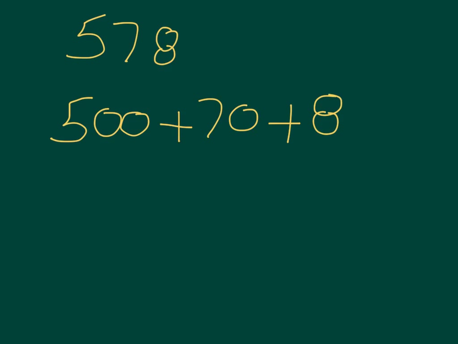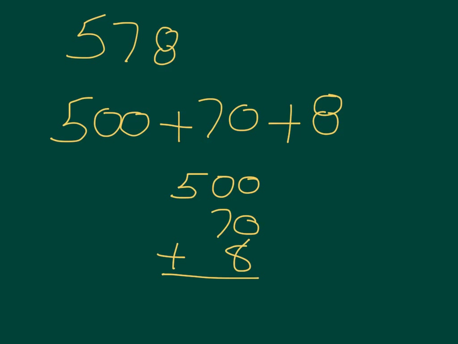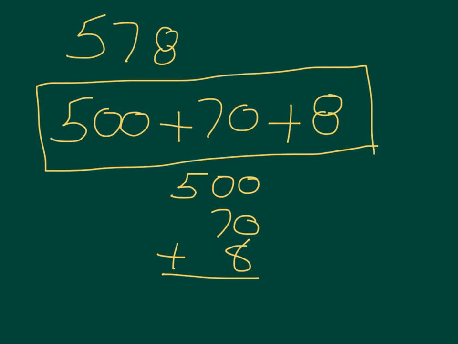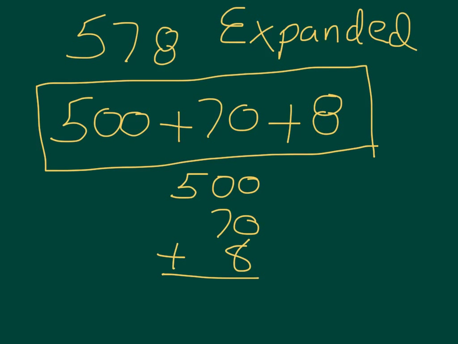This is the most common way you're going to see it, and some people write it like this: 570 plus 8. Both of them are expanded form. Again, this is the way you will typically see expanded form. So expanded form is when each place value is separated from the others with an addition sign between them.